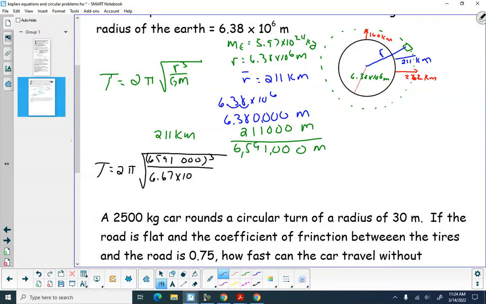I can't remember what G is. Oh, it's negative. That was the wrong direction. The negative 11th, yeah, it's really small. And this is times the mass of the Earth, which is 5.97 times 10 to the 24th.